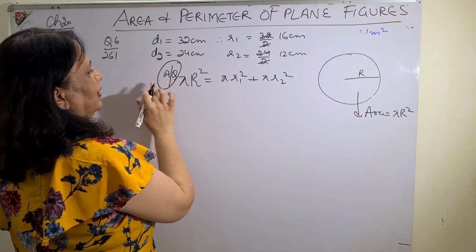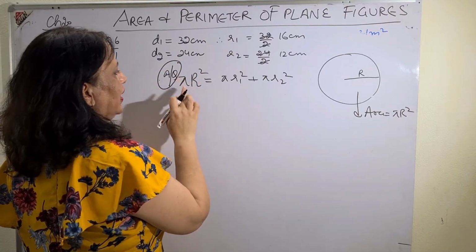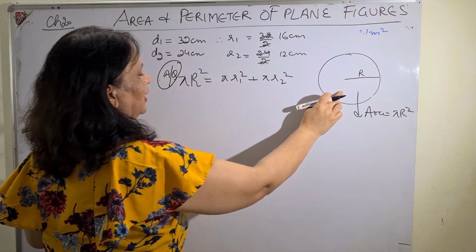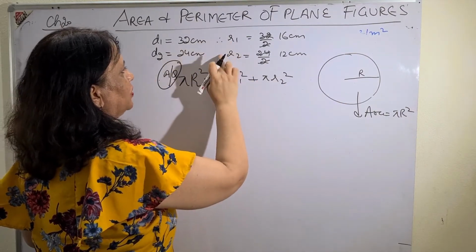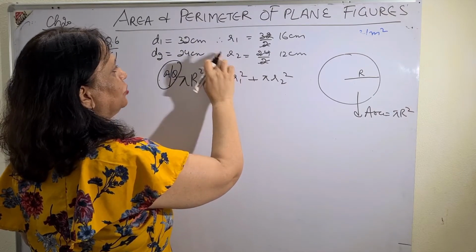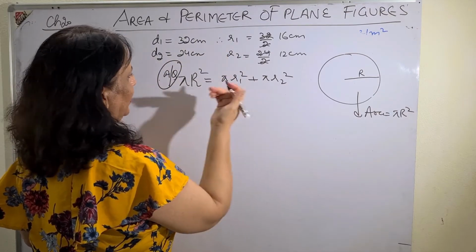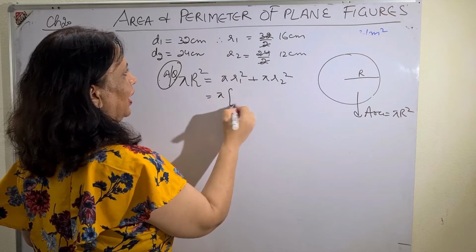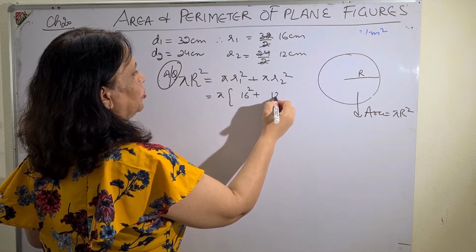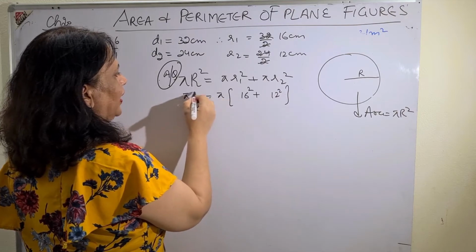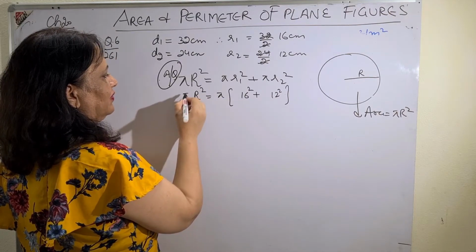The condition is that the area of the unknown circle is equal to the sum of the areas of the 2 circles whose diameters have been given. So very simple. You take pi common, r1 you know is 16 square, r2 you know is 12 square, and pi r square you have written on the left hand side.